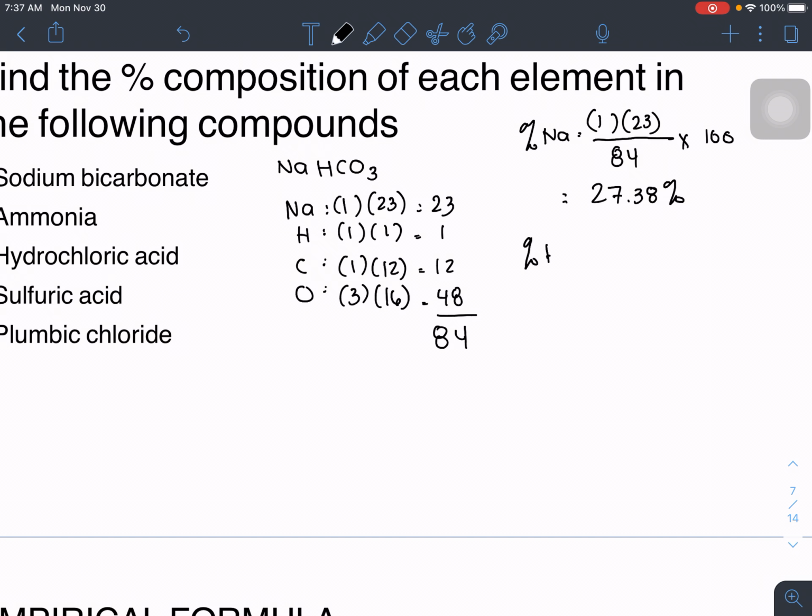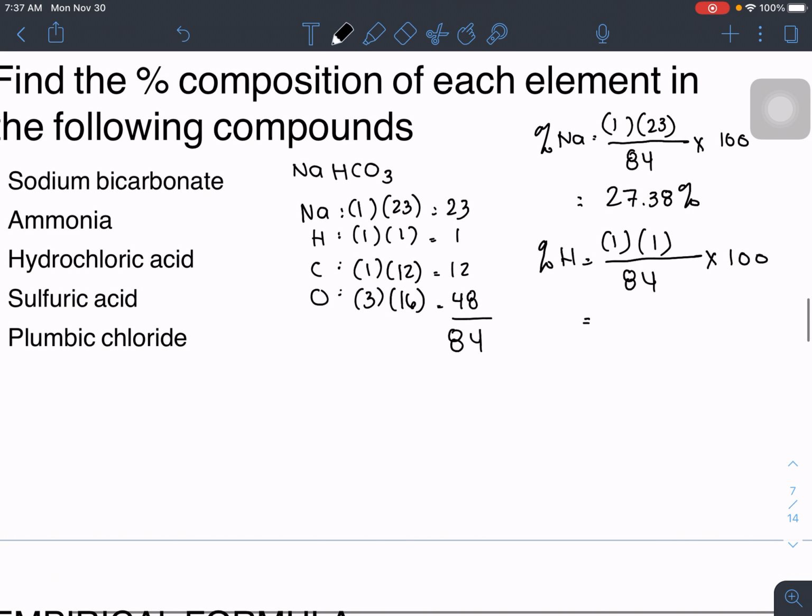For hydrogen, there is only 1 atom of hydrogen multiplied by the mass number, which is 1, all over 84 multiplied by 100. That will be 1.19%. For carbon, there is only 1 atom of carbon.